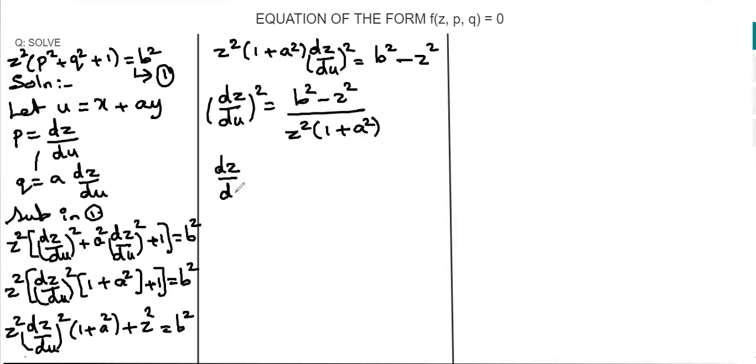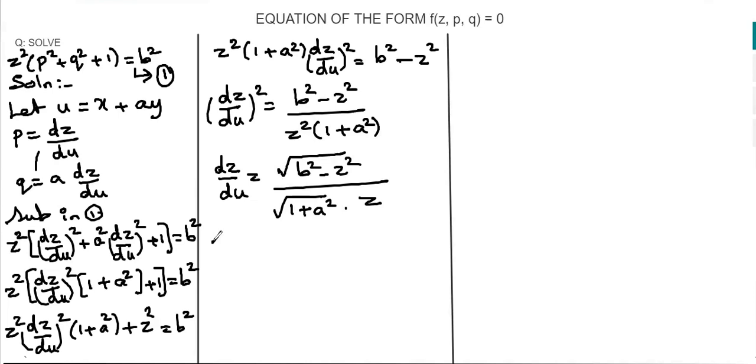So the square term I'm bringing to the other side, and when going to the other side, it will become a square root. So dz by du equals square root of (b square minus z square) over square root of (1 plus a square) times z, because z square under a square root gives z.